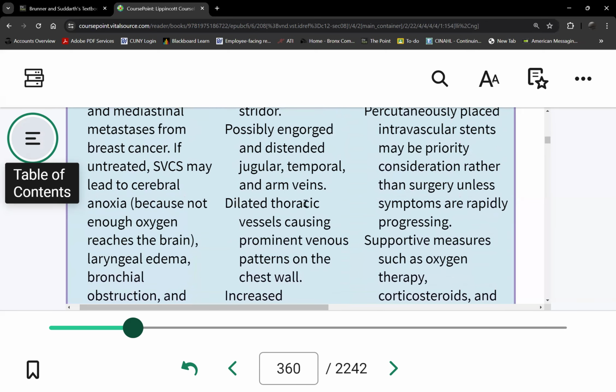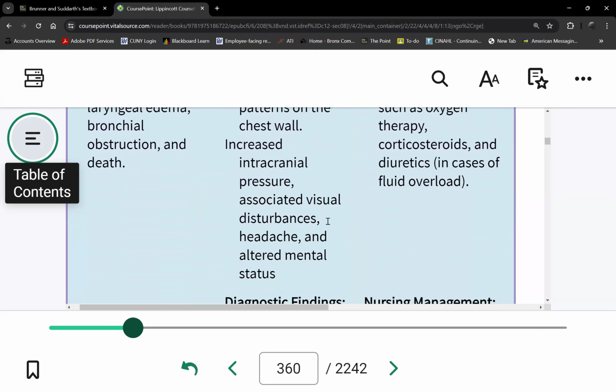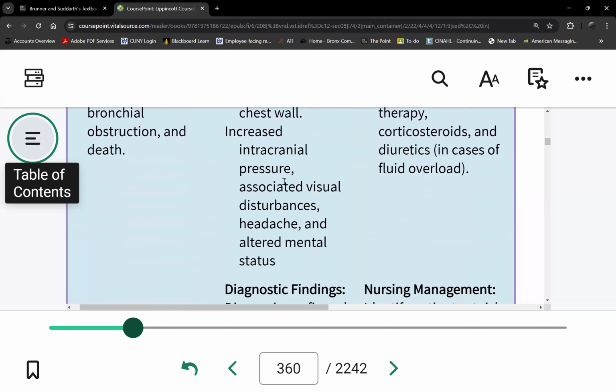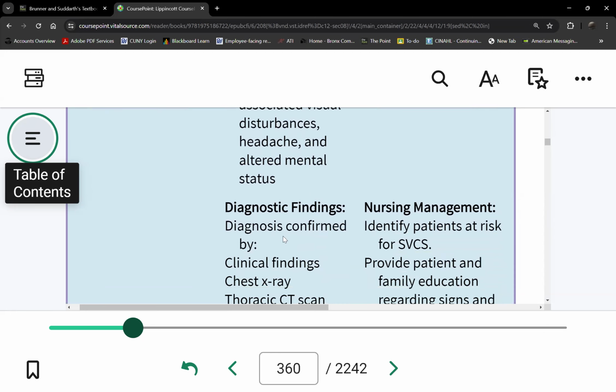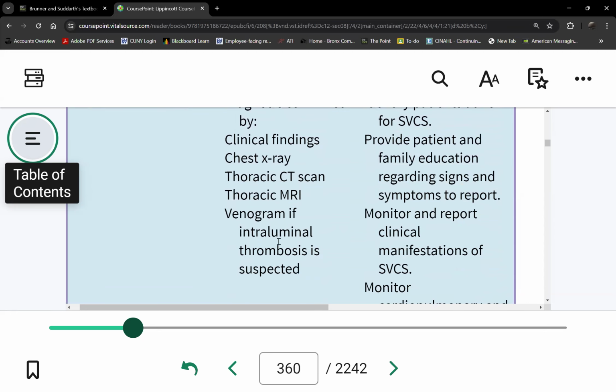And x-rays will show dilated veins, especially the superior vena cava. And as already mentioned, there's increased ICP here. We'll learn more about manifestations of increased ICP, including visual disturbances, headache, and AMS under stroke. And these are your diagnostic findings.